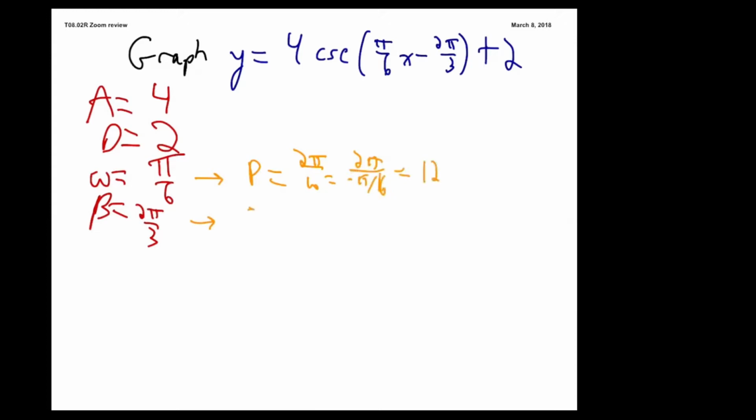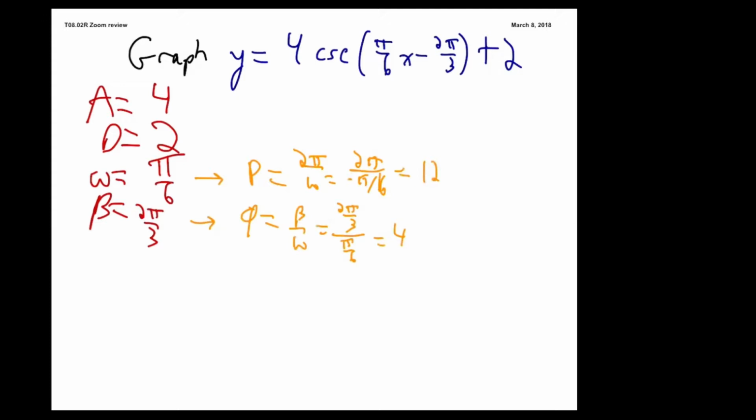And then we can get phi. Phi is 4, because beta is omega times phi. So it's 2 pi over 3 over pi over 6, which is 4. Good so far?